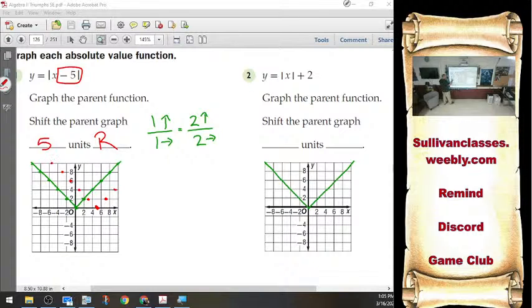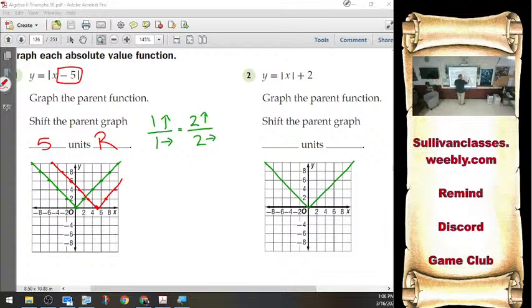You could say that I like to move it. Okay. And then the other one's the same deal. Now, I saw a few of you didn't move the parent function, you just graphed where it's going to be. And that's okay.